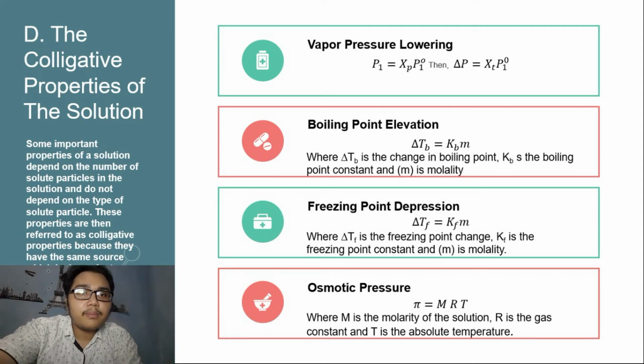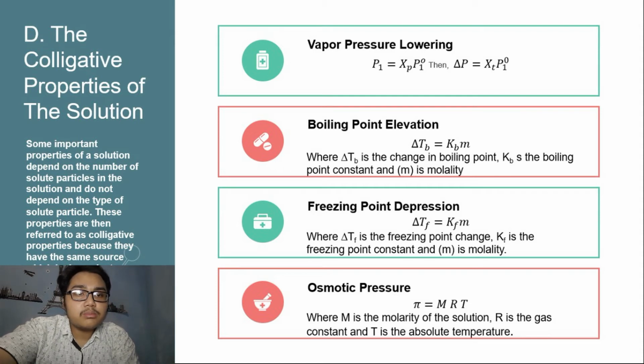Why is the vapor pressure of the solution lower than the vapor pressure of the pure solvent? One of the causes of physical and chemical processes is the increase in irregularity. The more irregular, the greater the tendency for a process to take place. Evaporation increases the irregularity of the system because the molecules in the vapor phase are less regular than the molecules in the liquid phase.